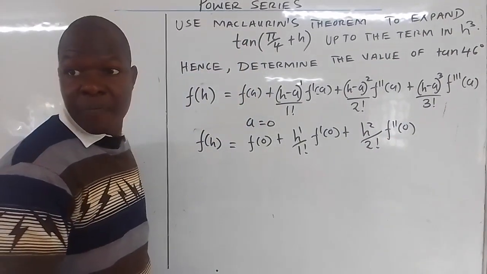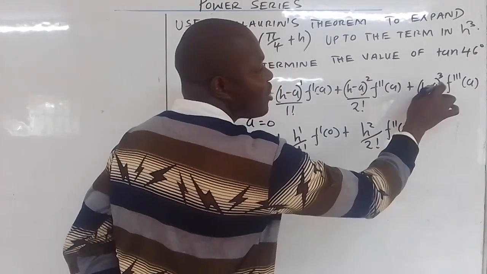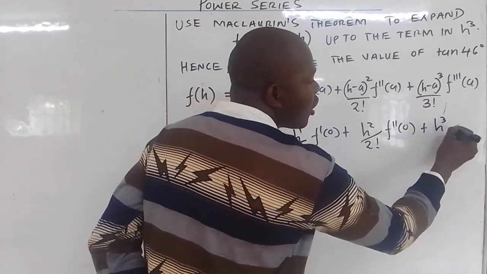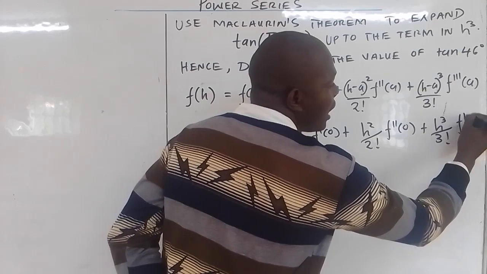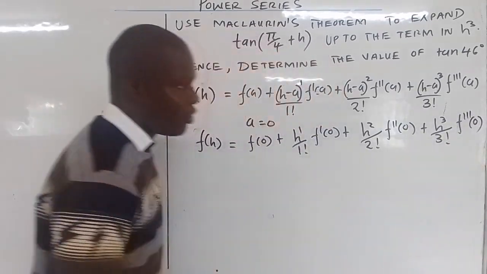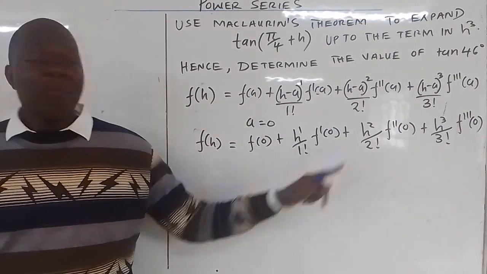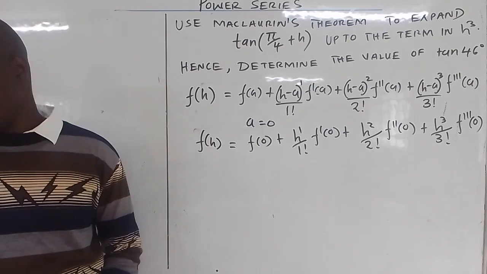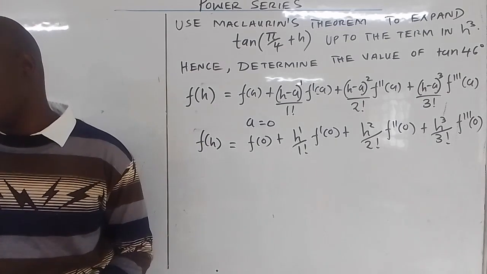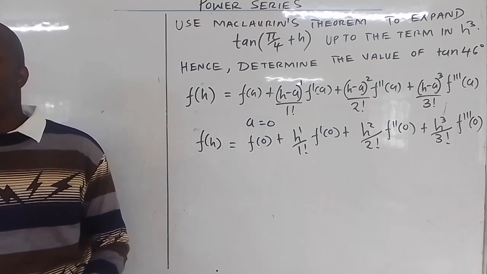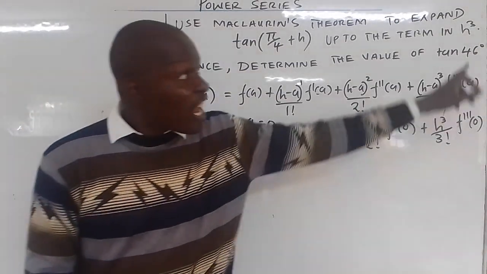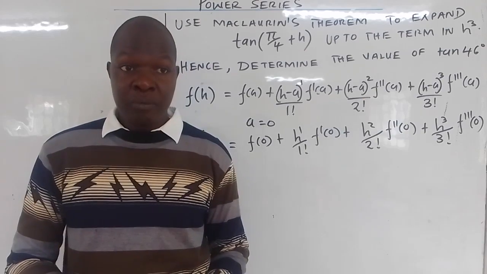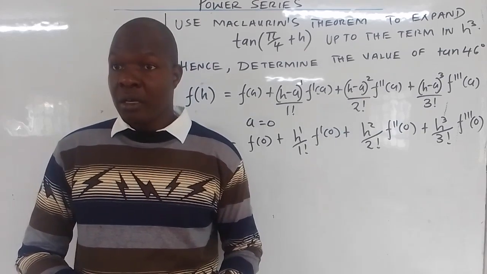Then it is plus h cubed over 3 factorial, f triple prime of 0. So have you seen the way the Maclaurin theorem has come out? Don't confuse it with the Taylor expansion of x plus h, because we know very well that the Taylor expansion of x plus h will as well give you h cubed, isn't it? Is that okay? Very good.